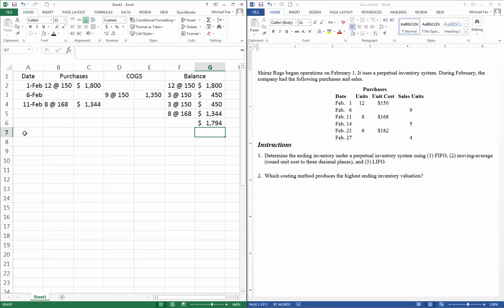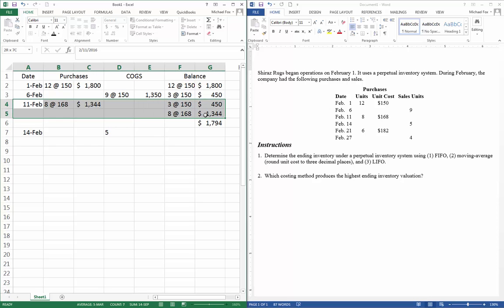On February 14th, we sold 5 units. So now we've got to figure out which units we sold. Remember, we have 3 units that we paid $150 for and 8 that we paid $168 for. So if this is first in, first out, we'll assume that we sold the oldest units first.